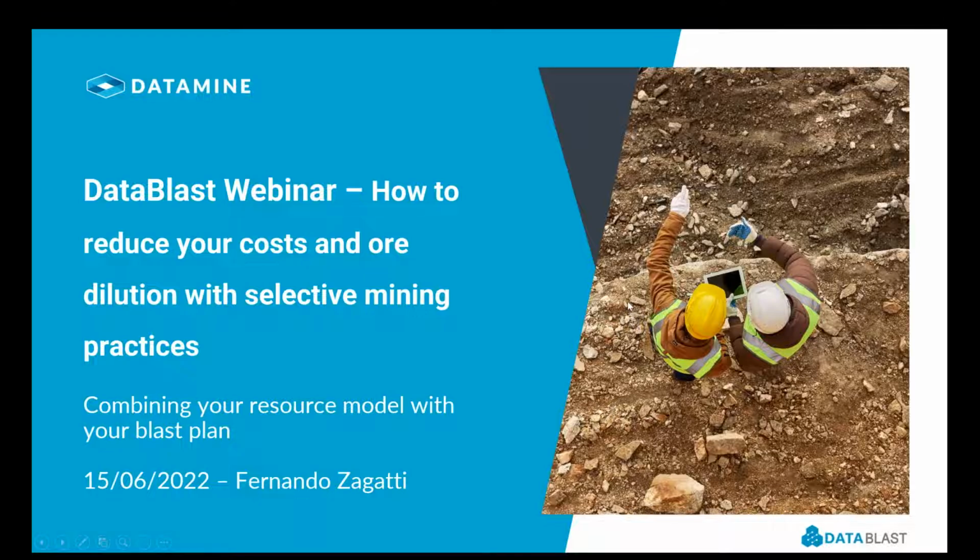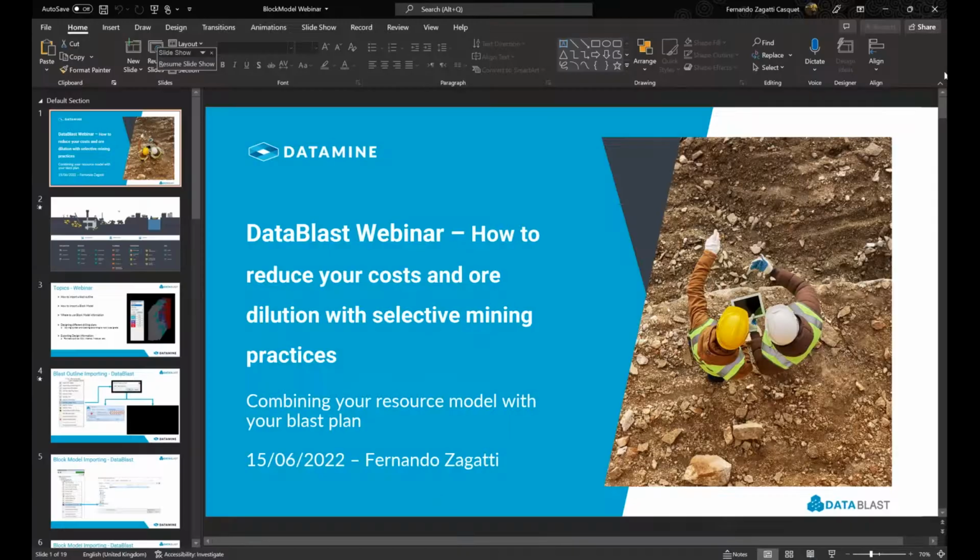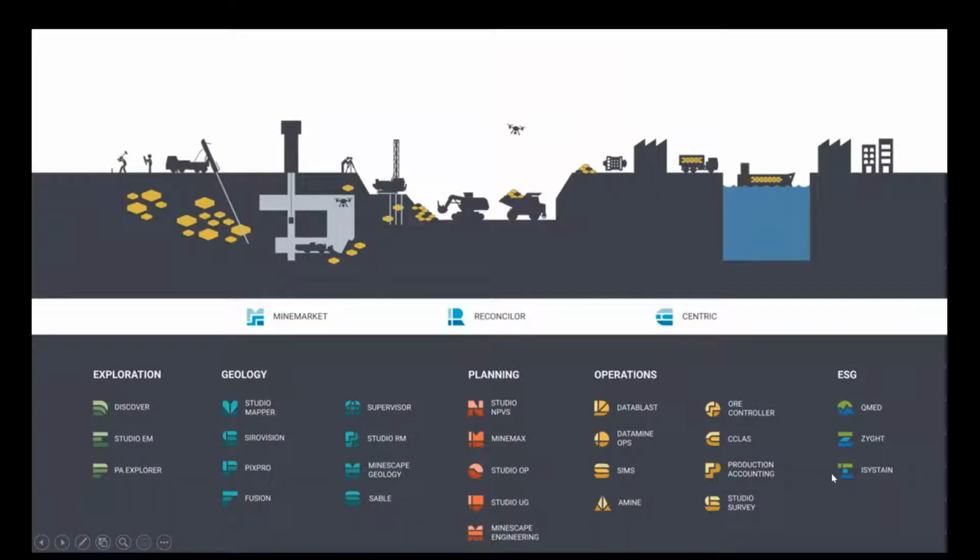So just to give you an overview, this is the Datamine product range. We have software from exploration all the way to ESG. And DataBlast is here on the operations. This is a drill and blast software.